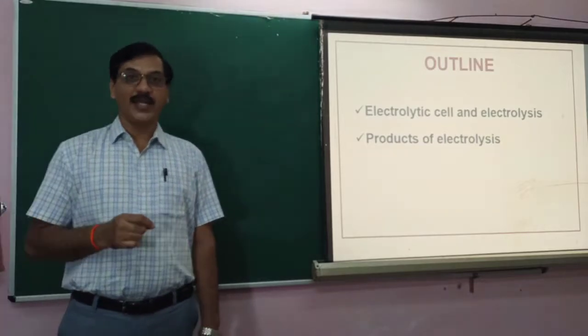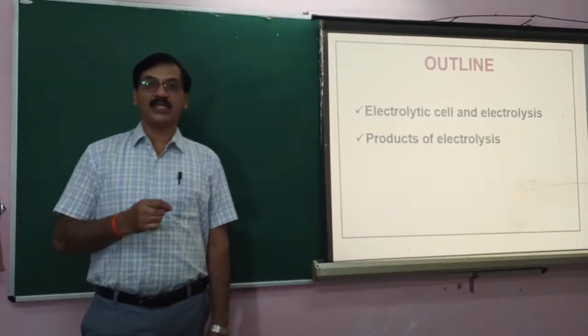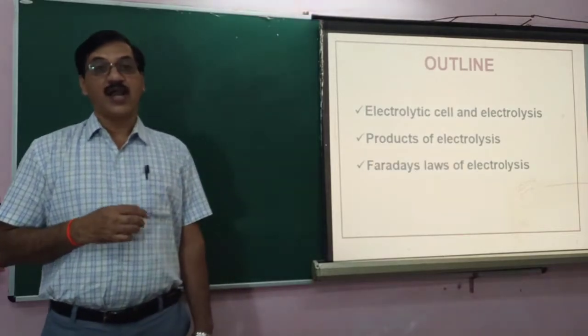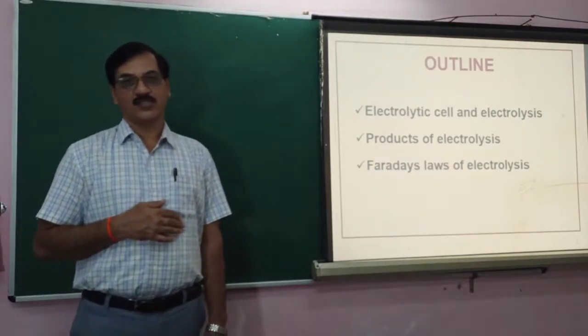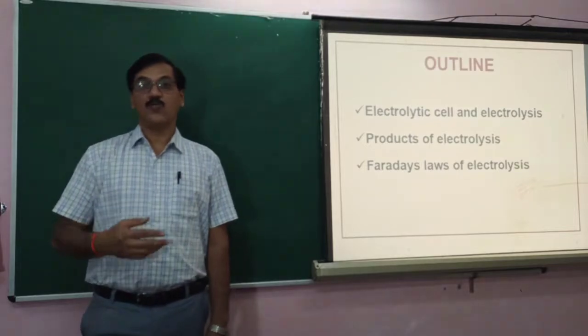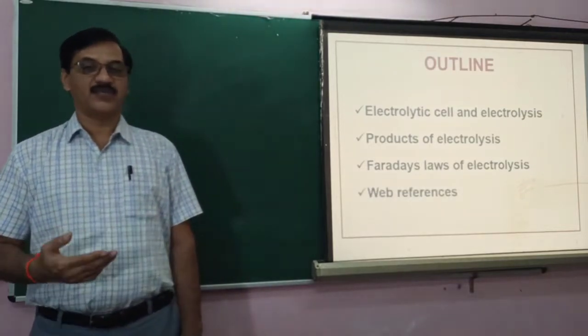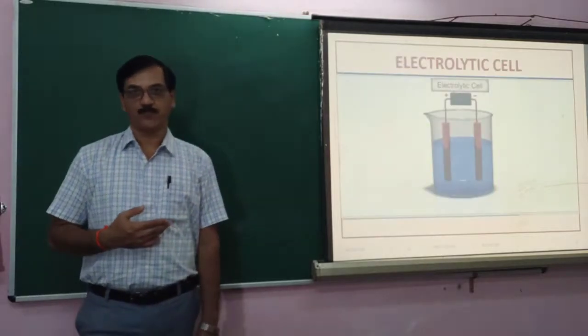Is there any way to find out or predict the product of electrolysis? We will also see Faraday's laws of electrolysis to judge how much is being produced during the electrolysis, and some references at the end.